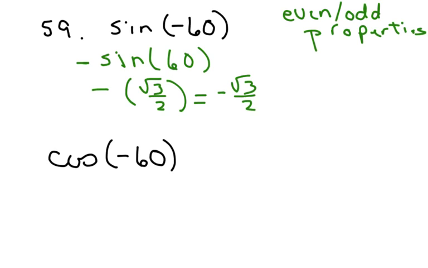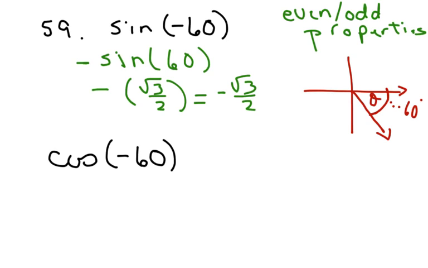Now let's look at this a little closer. When you're talking about negative 60, that means we're going to draw our initial side on the x-axis. We're going to go clockwise to 60. There's my terminal side, and our theta is negative 60.